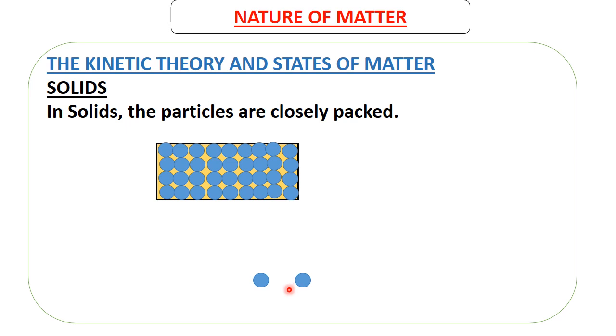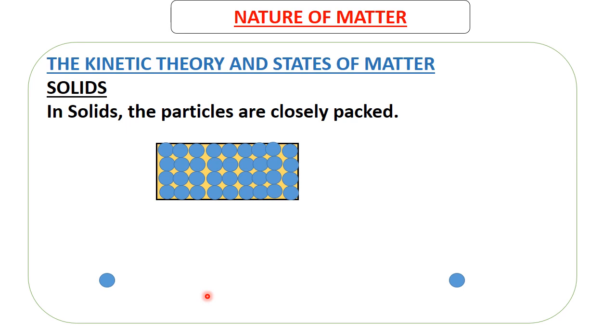Let's assume that the forces are repulsive, meaning that these 2 particles are pushing each other away, like so. This will keep on moving and this will keep on moving. If this was the case, then a solid couldn't have a fixed shape or fixed volume because of these 2 particles which keep on moving.